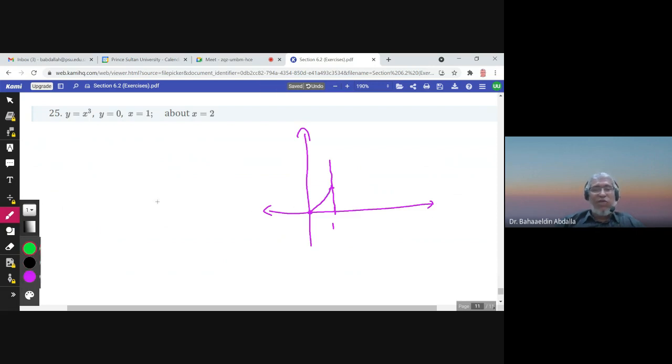So do we have the region? y equals 0, x equals 1, and the curve. So this is the region. We need to rotate about the line x equals 2, about this line. So we will choose a rectangle like this, and we will work with respect to y.